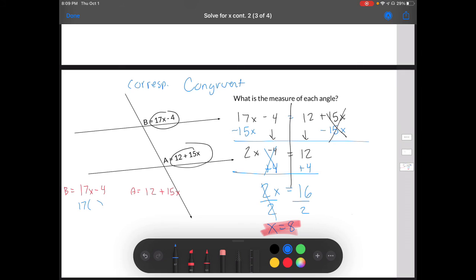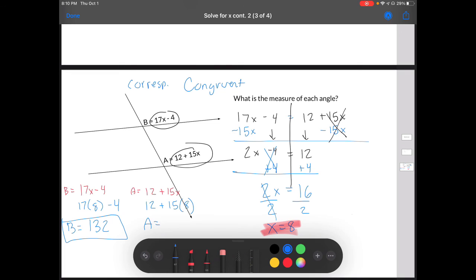Instead of 17 times x minus 4, it's going to be 17 times 8 minus 4. On the other side, it'll be 12 plus 15 times 8. Then we work that out. 17 times 8 minus 4 is 132. If you use your calculator for this, that's fine.